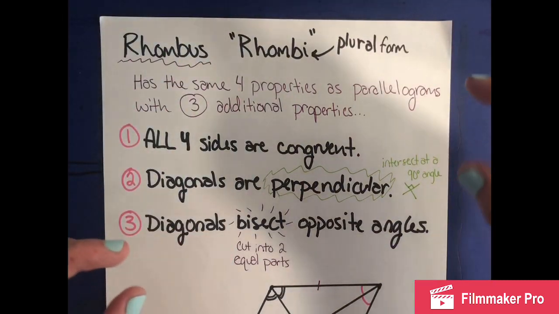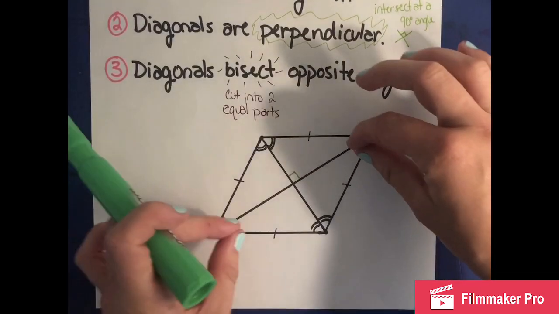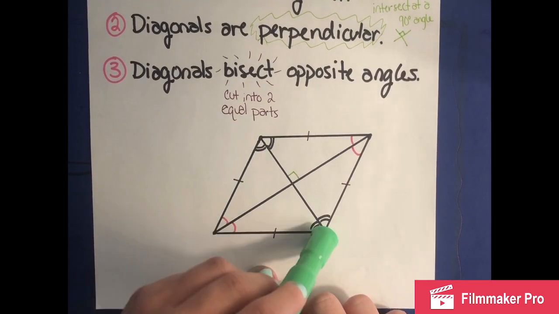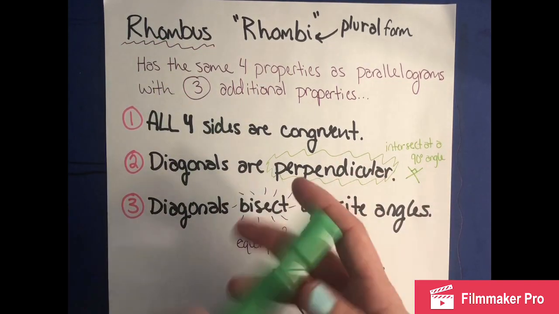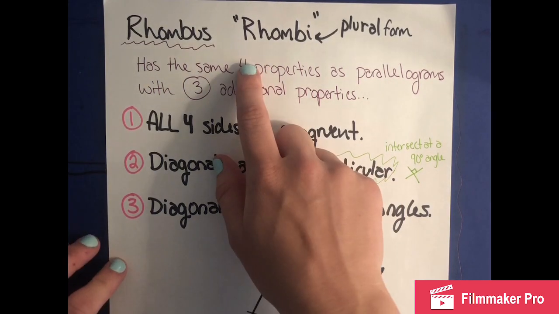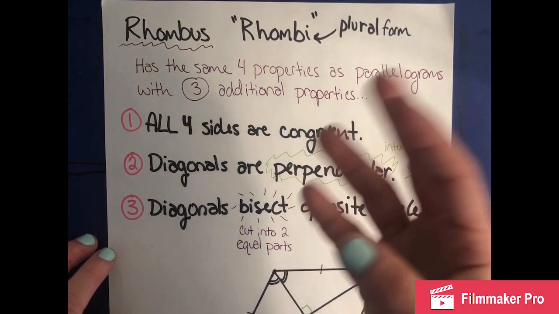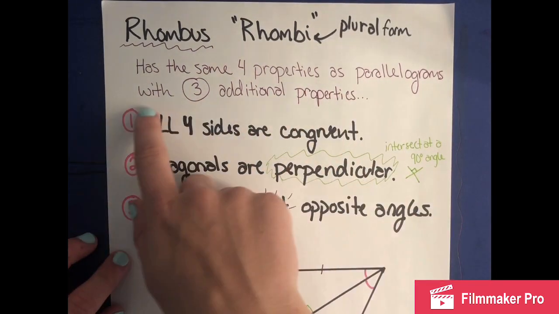So it's as if you took a square and pulled it a little bit on the side, so it looks like that, okay? So all four of these are the same. That's what makes it a rhombus. It's just a special type of parallelogram, so it keeps all those properties of a parallelogram as before. So it has the four properties plus the fact that the opposite sides are parallel, okay?